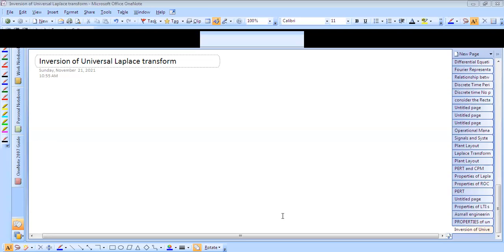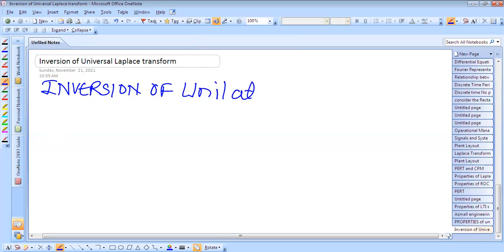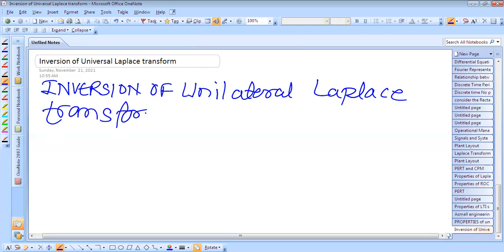In linear time invariant systems, which are described by integro-differential equations, inversion of the unilateral Laplace transform.